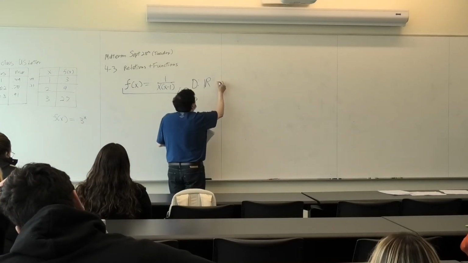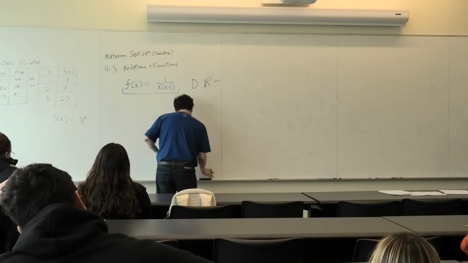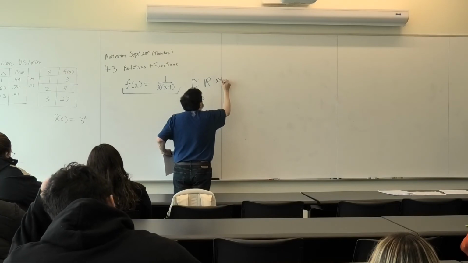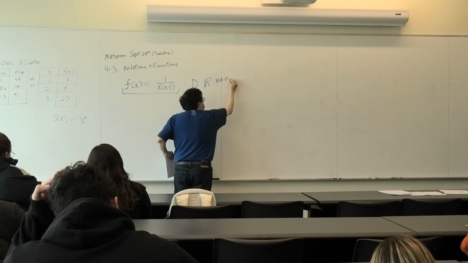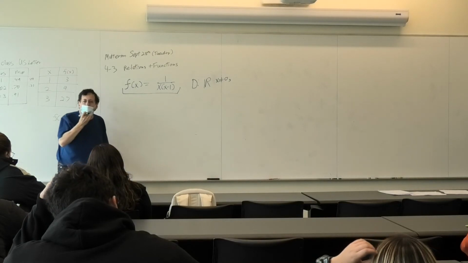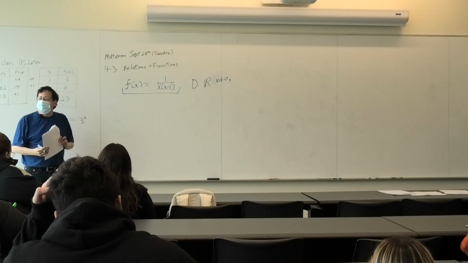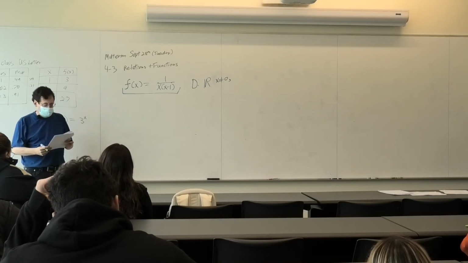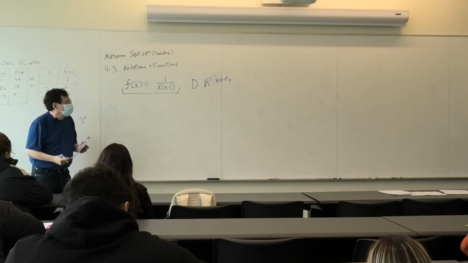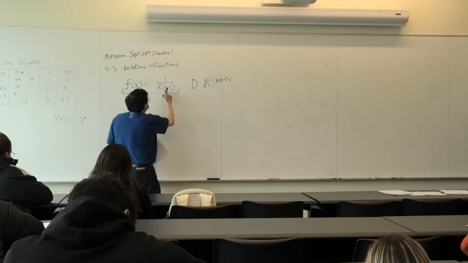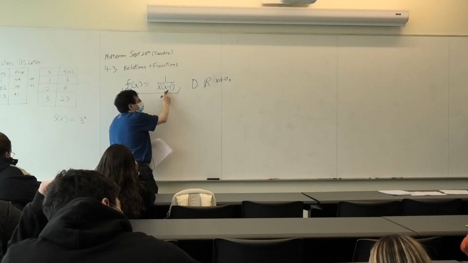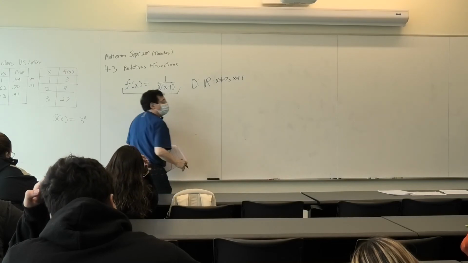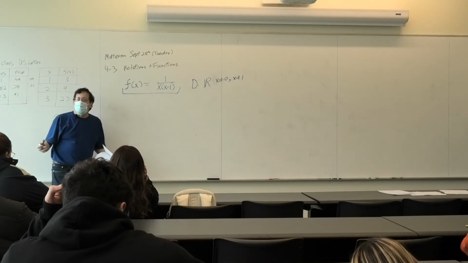So real numbers, but x not equal to 0, comma, what else? Is there anything else I can't use? Yeah, what about 1? If you plug in 1, you're dividing by 0. So x not equal to 1. Okay, that's the domain. All real numbers except 0 and 1.